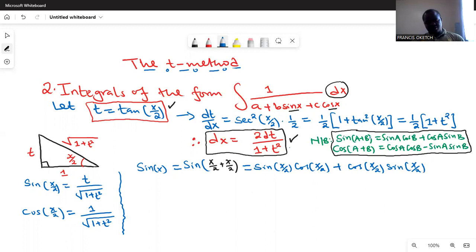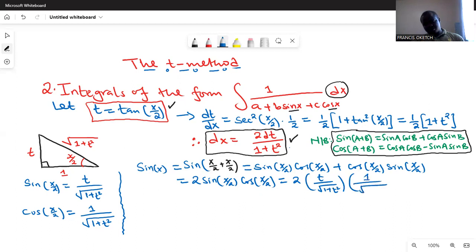This is simply the same as twice sine x over 2 times cos x over 2. And we know sine x over 2 and cos x over 2. When you multiply, this is the same as twice sine x over 2, which was t over the square root of 1 plus t squared, and cos x over 2, we got 1 over the square root of 1 plus t squared.